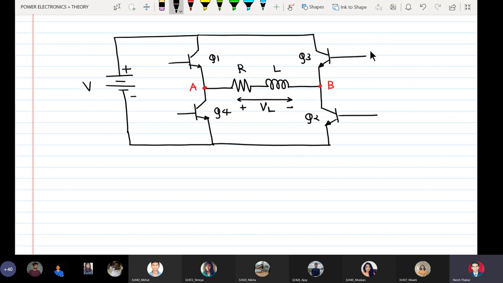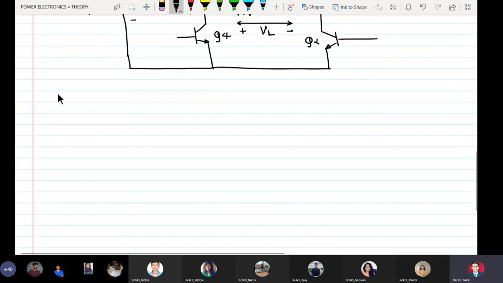Now students, here the only change in the analysis of the circuit is that the inductor will reverse its polarity whenever the current tries to change the direction through it. So students, what we will do, first we'll consider a case in the positive half cycle 0 to T by 2 where Q1 and Q2 are fired. Okay.